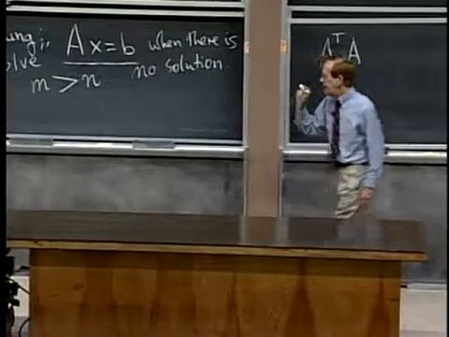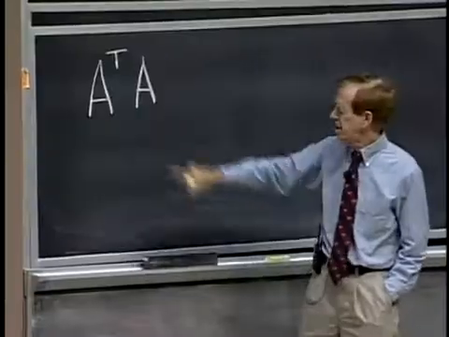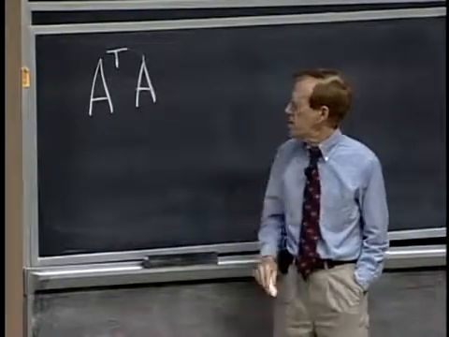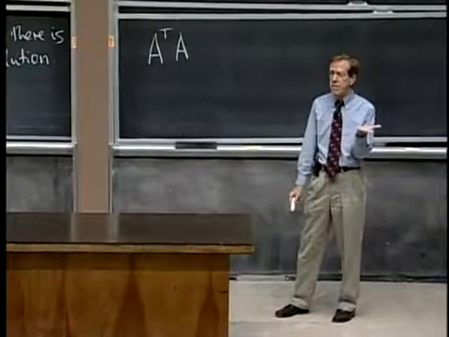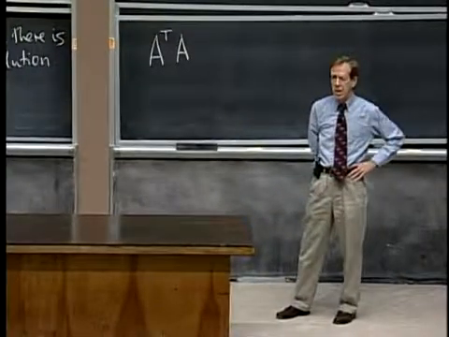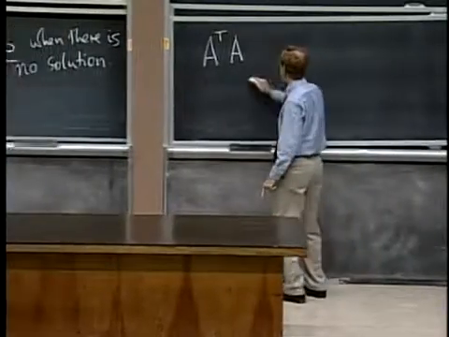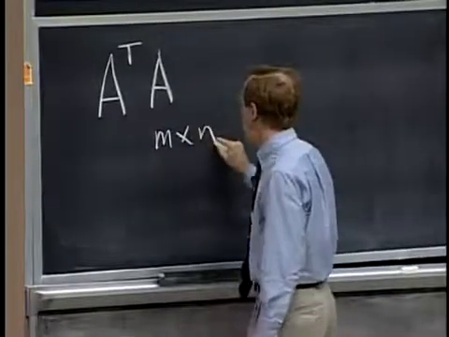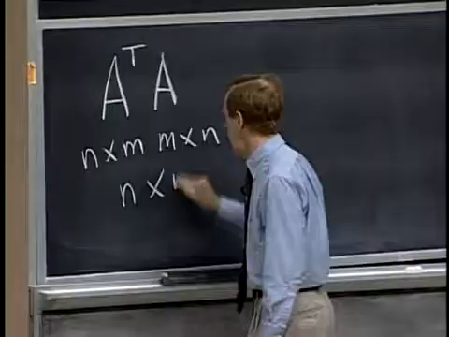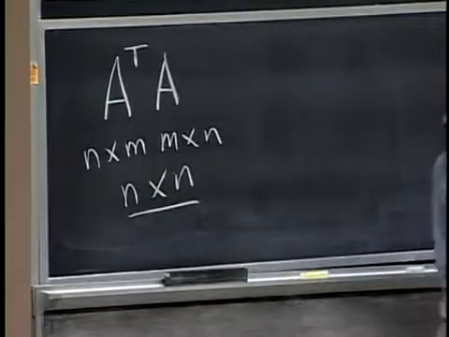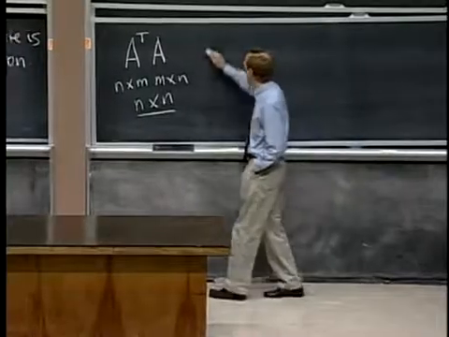But now I'm saying that the good matrix that shows up in the end is A transpose A. What's the first thing you know about A transpose A? It's square, right? Square, because this is m by n, and this is n by m. So the result is n by n. Good. Square. What else? It's symmetric. Good.